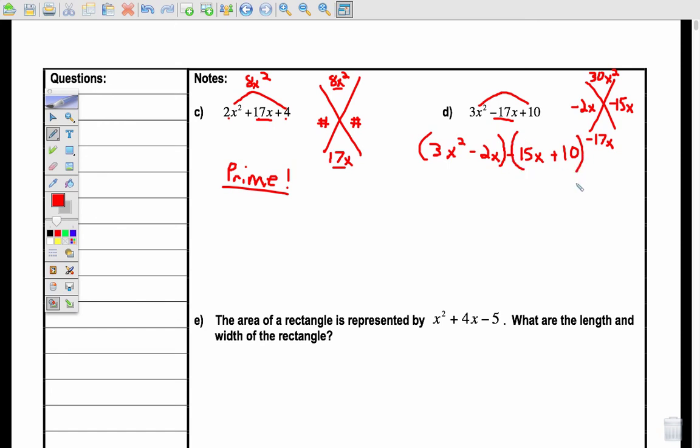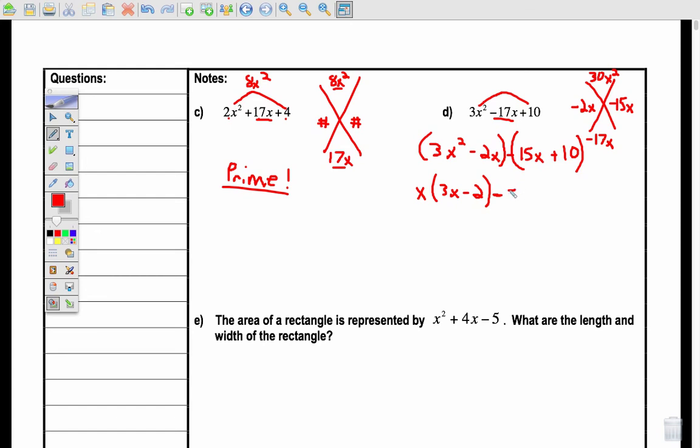All right, now we group them together. Okay. Over here we can take out an x, which gives me 3x minus 2. Over here we have negative 15 plus 10.